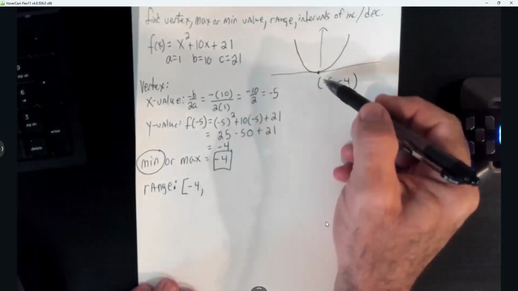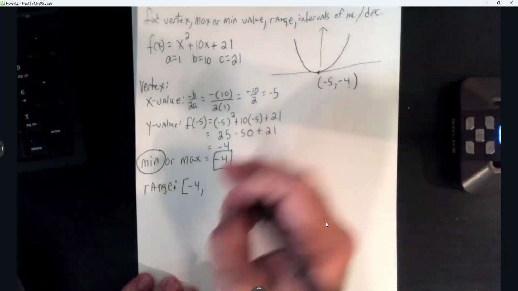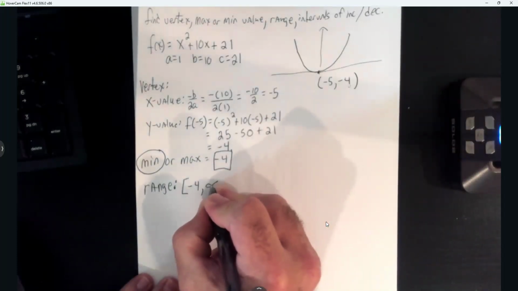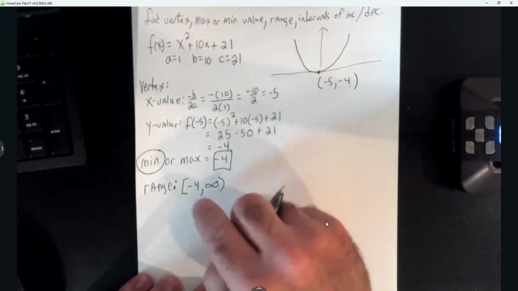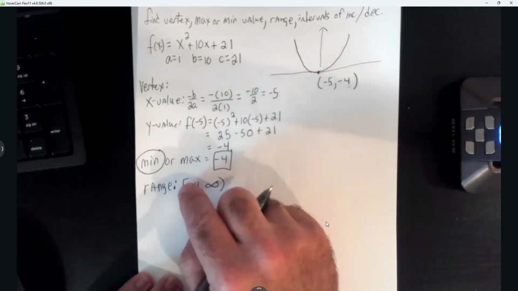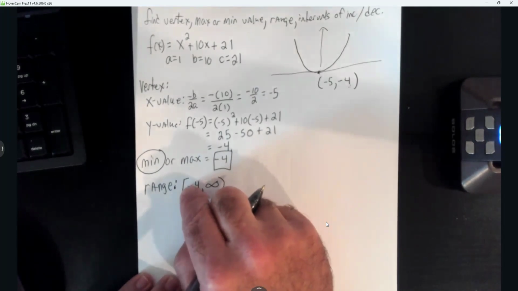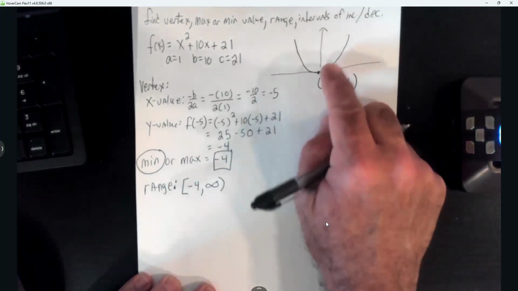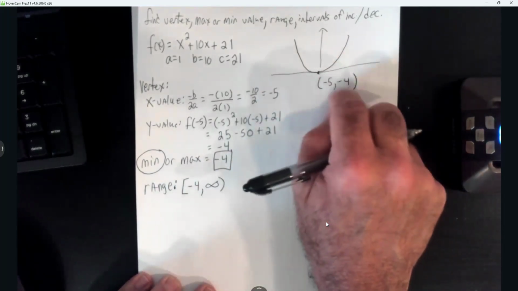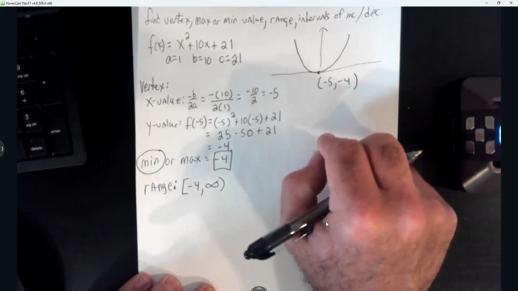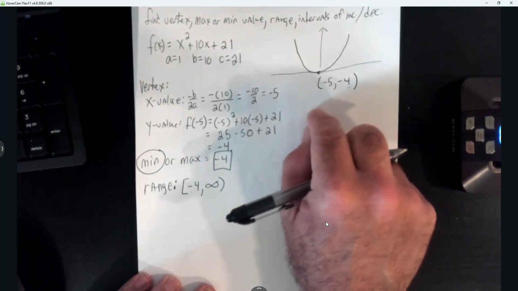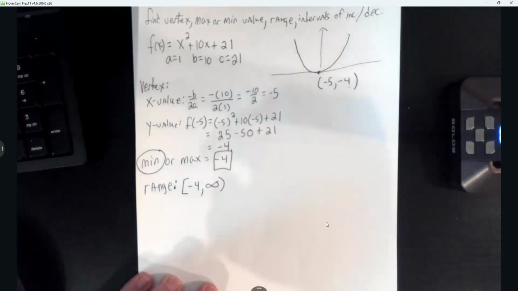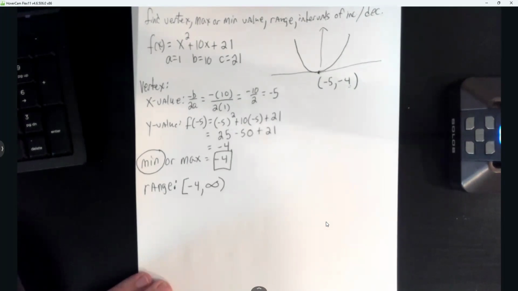And then from negative 4, the range is going upwards towards positive infinity. So here's the thing. If it's a minimum, your range will go from that minimum value to infinity. If this was upside down, then your range would go from negative infinity to that value. So it'll be a little bit opposite that.